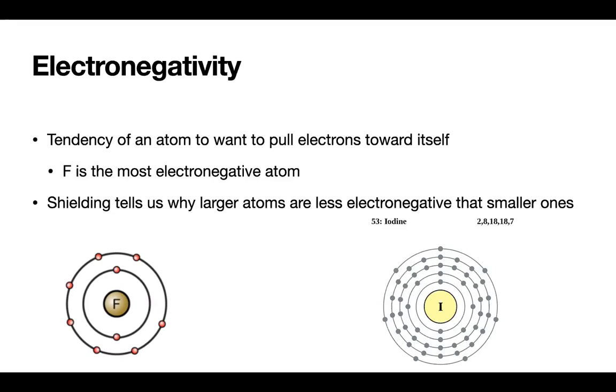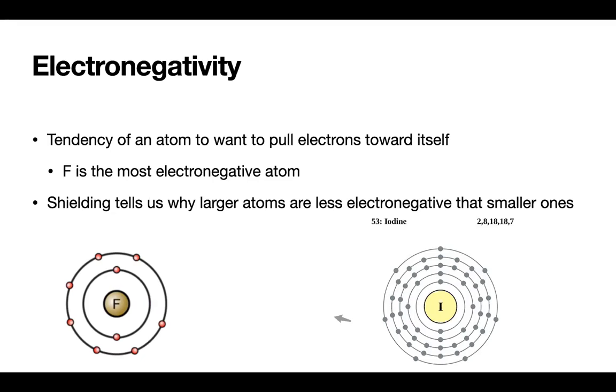So you can kind of think of it as the iodine. What happens if I do this? Oh, I don't want to do that. So the iodine on the right has all those electrons.